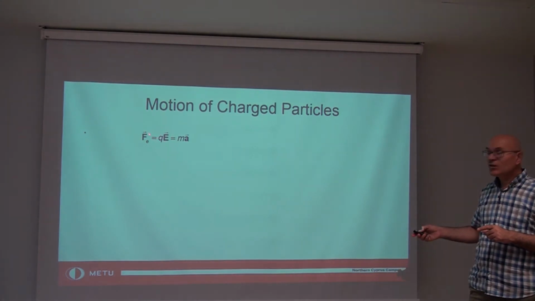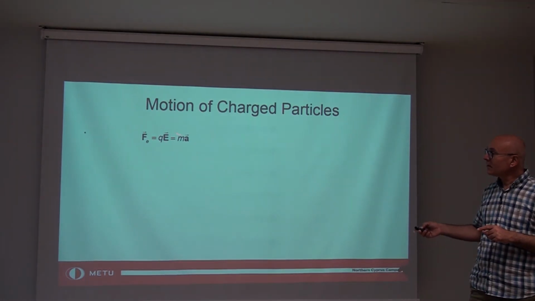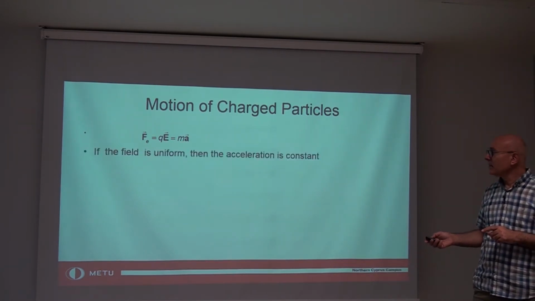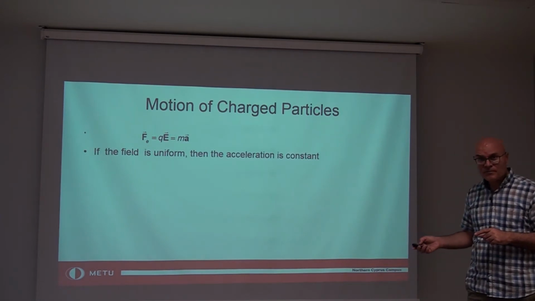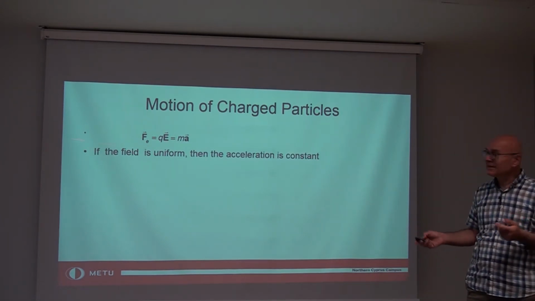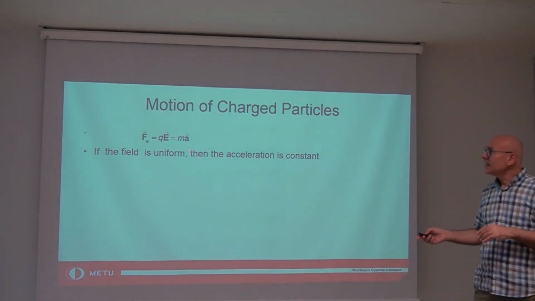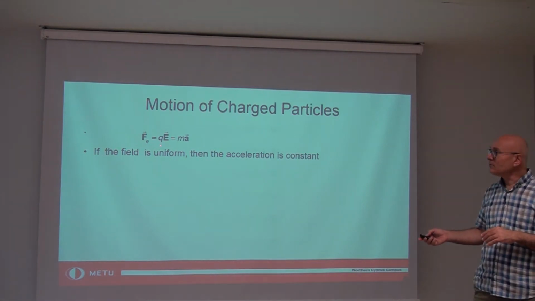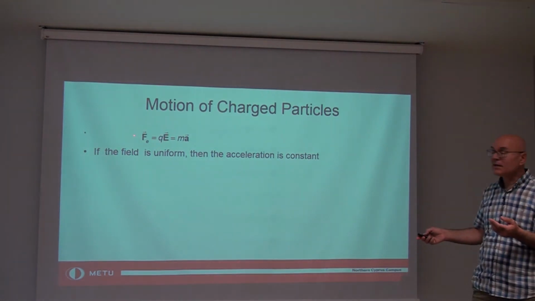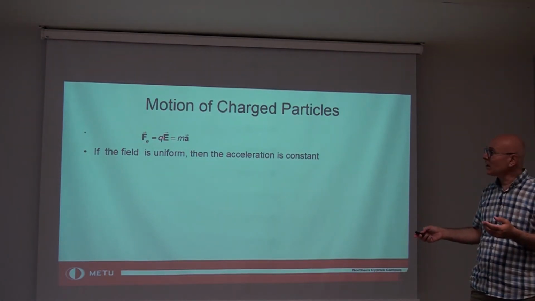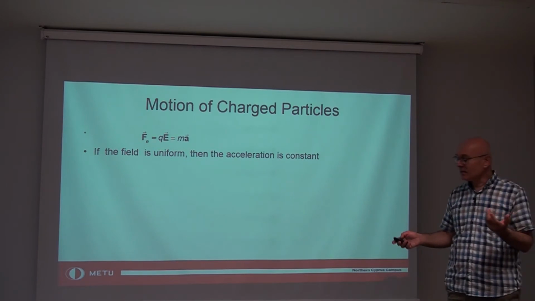So this is the relation between the charge of the moving particle, the electric field, the net electric force, and the acceleration of the particle. Now, if the field is uniform, then the acceleration is constant. This relation is true for any field, but when the field is uniform, the charge is constant, the force is constant, and the mass of the particle is constant, so the acceleration, which is just equal to qE over m, is also constant.